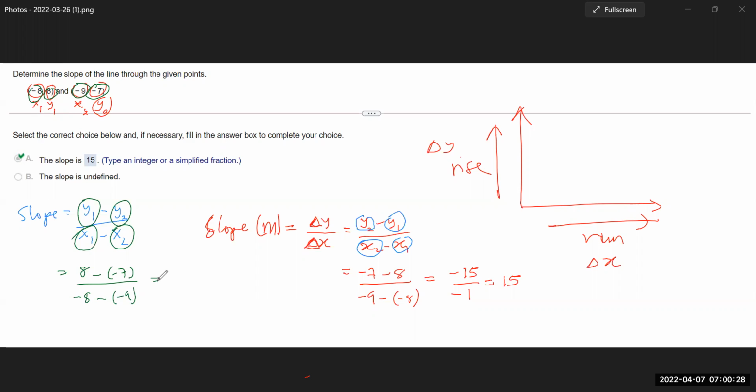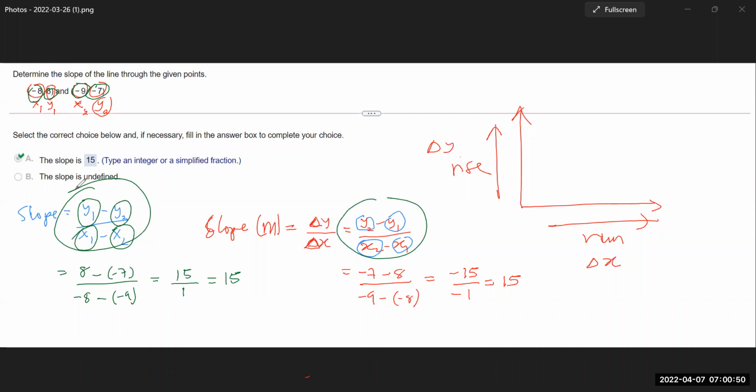So 8 minus -7 gives you a positive 15. And then -8 minus -9 gives you a positive 1, and that is your slope. So either way, whether you go by this equation or that equation, you'll get the answer.